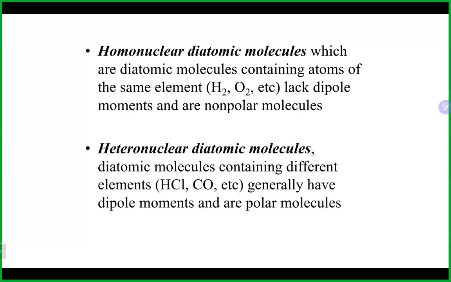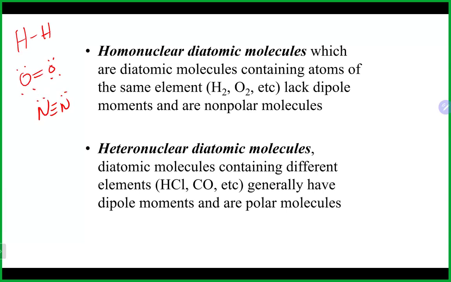So the only place where they cross over, where the bond polarity and the molecular polarity will be the exact same thing, is if you're dealing with a diatomic molecule. So if you have a homonuclear diatomic molecule, that's a fancy way of saying you have two of the same elements present, like H2, O2, N2, right?